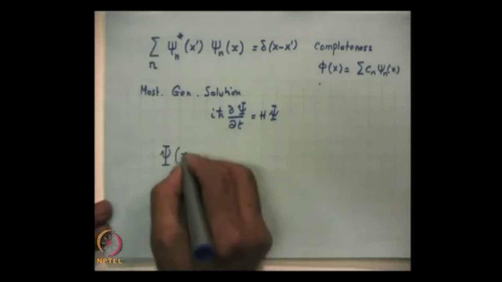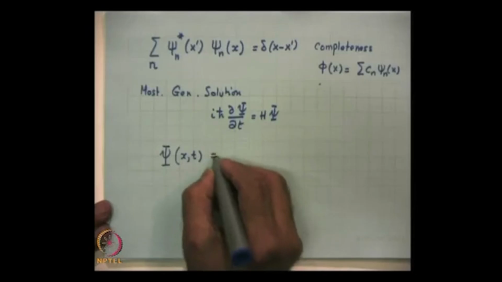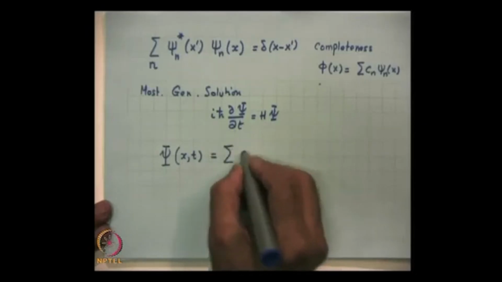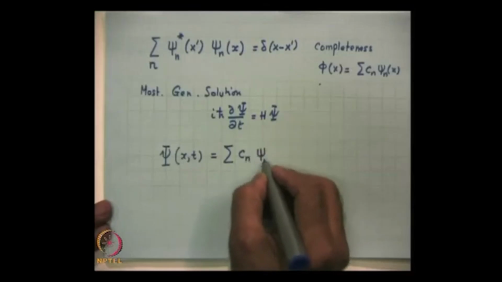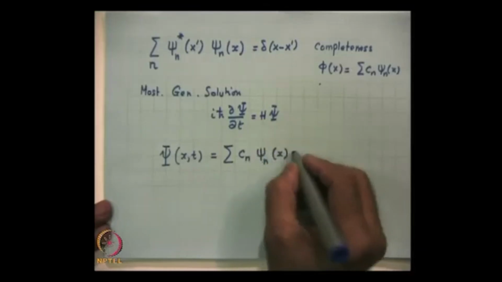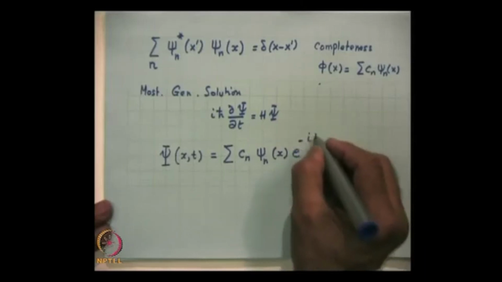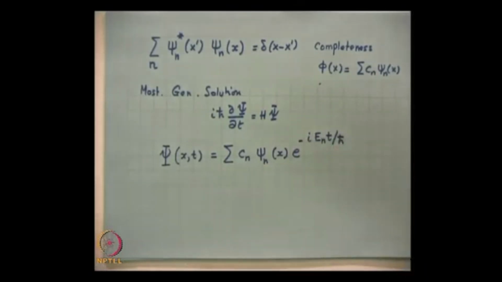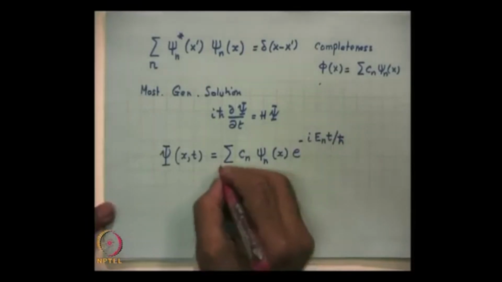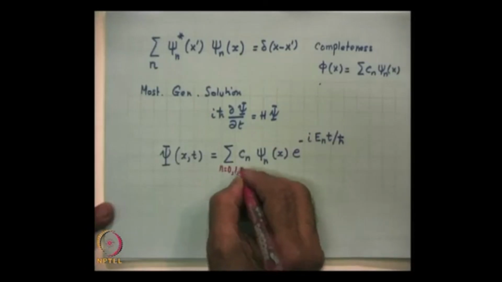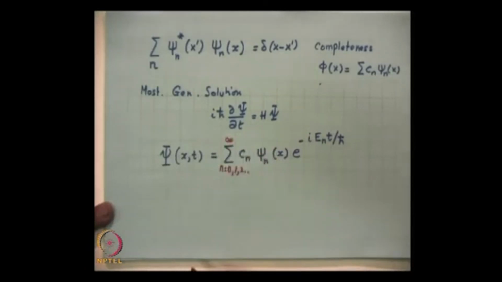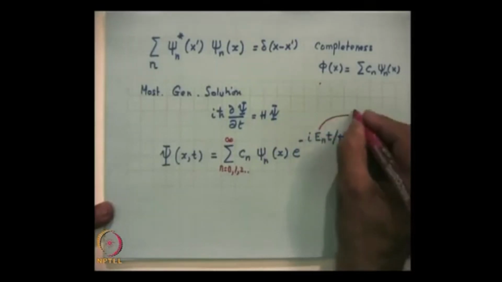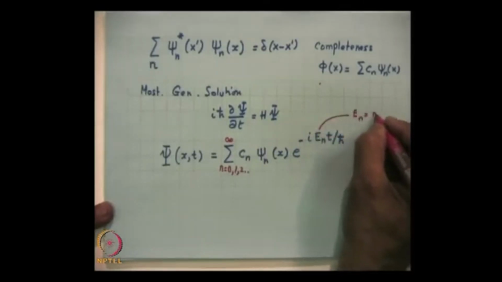So, psi of x comma t is equal to a superposition, that is C n, just as we had done for the particle in a box problem, e to the power of minus i E n t by h cross, and the summation is over n equal to 0, 1, 2, 3 to infinity. In this case, I know the values of E n. E n is equal to n plus half h cross omega.